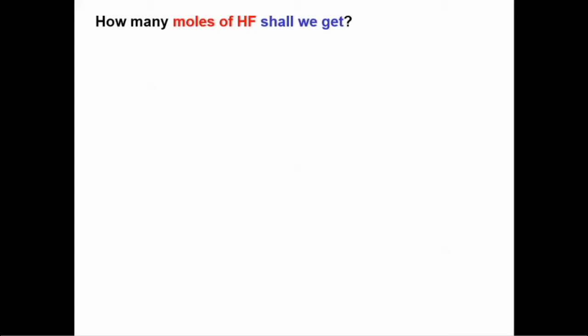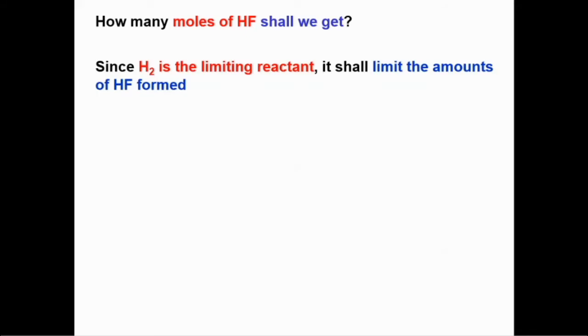Then we are going to calculate how many moles of hydrogen fluoride we shall get from this reaction, if we have 2 moles of hydrogen and 3 moles of fluorine just now.